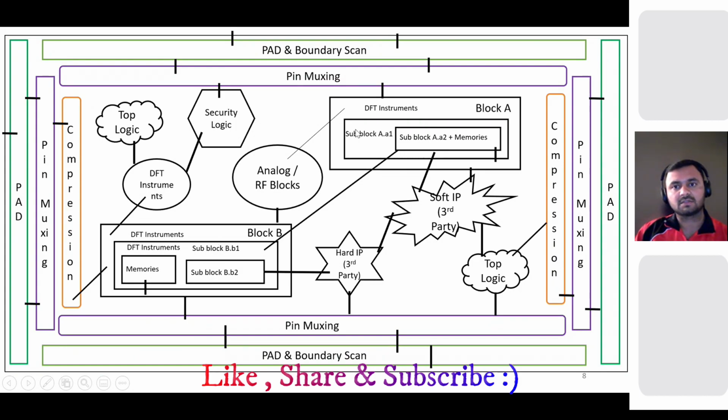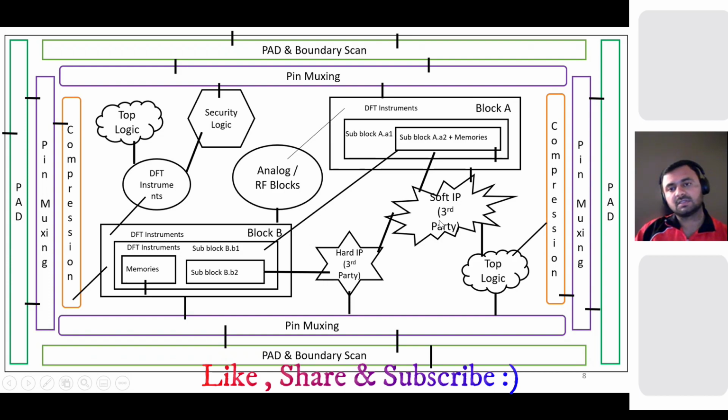There are many blocks, and a block may contain a sub block. Suppose block A contains A.A1, A.A2, and in a sub block you have memories. Inside a sub block you can have a memory, or outside a block you can have a memory, or even at the top you can have memories. Here you can see I am having soft IP and hard IP also. This is the third party IP.